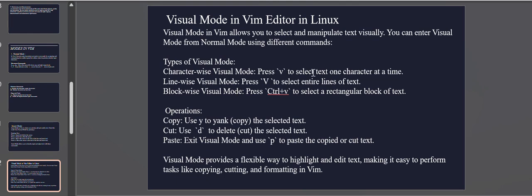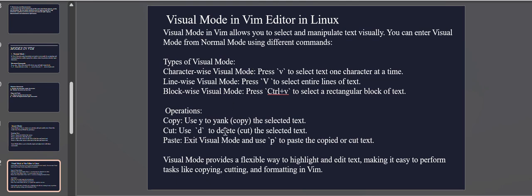Press V to select text one character at a time in characterwise visual mode. For linewise visual mode, press capital V to select an entire line of text. And for blockwise visual mode, press Ctrl plus V to select a rectangular block of text.